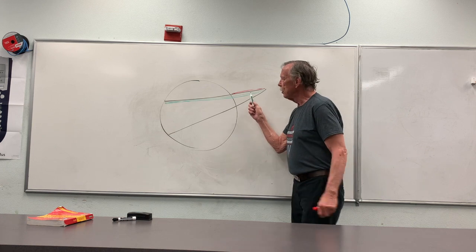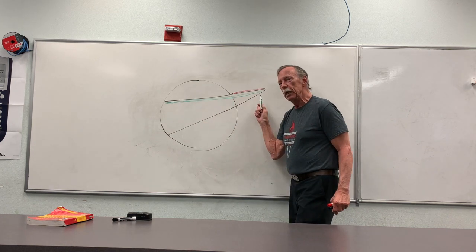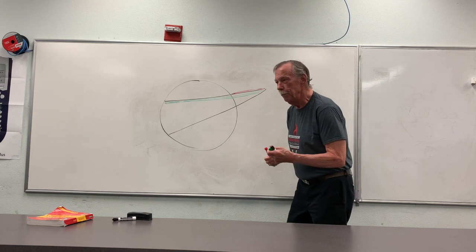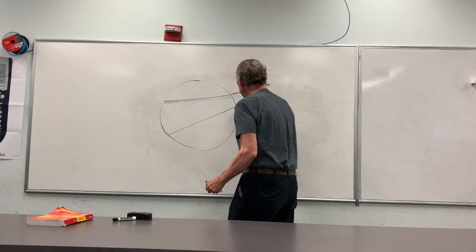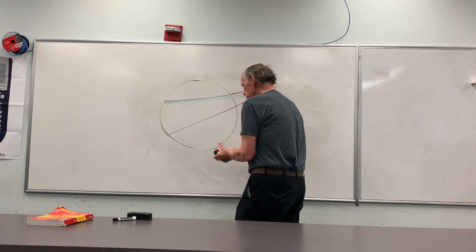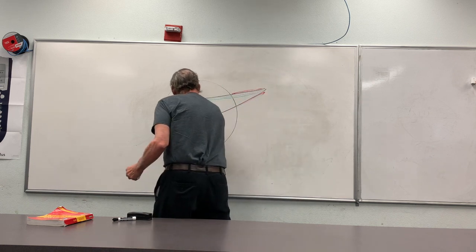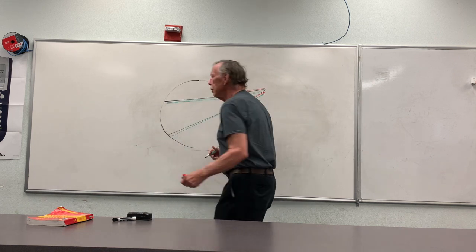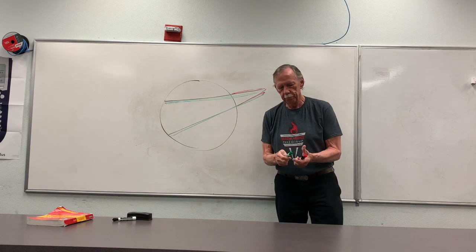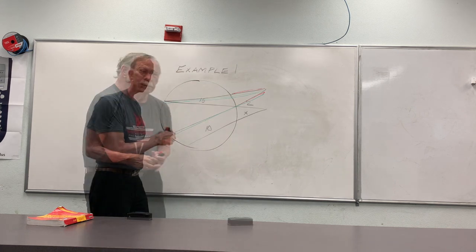It turns out that the product of the little piece and the whole piece of one secant exactly equals the product of the little piece and the whole piece of the other secant. We'll do some examples of this.